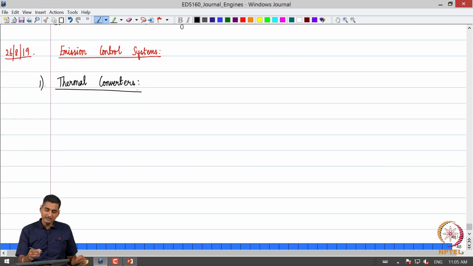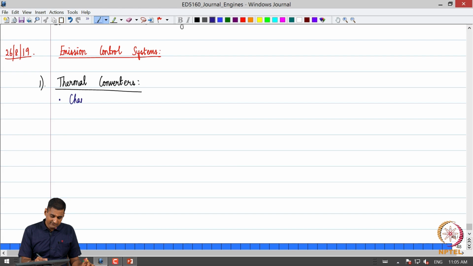So, a thermal converter is nothing but a chamber which is maintained at sufficiently high temperatures such that the unburnt hydrocarbon and carbon monoxide get completely oxidized. Okay, so that is the purpose of a thermal converter. So, let me write down the key points of a thermal converter.